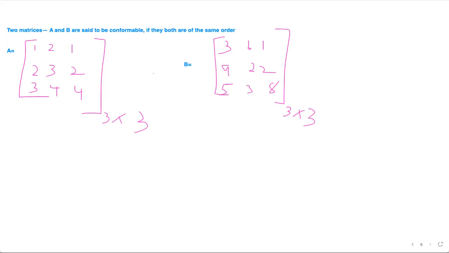I'll give you another example of conformable matrix. Can you write one conformable matrix? Any order. I will give you also one.